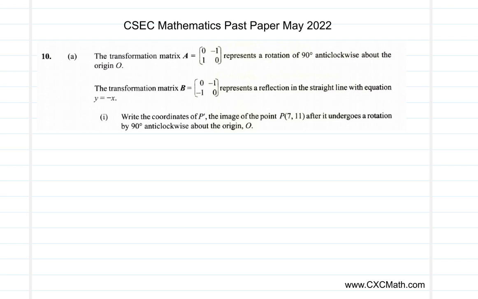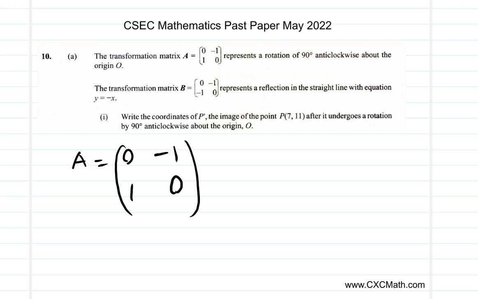But anyway, here the transformation matrix A is 0, negative 1, 1, 0, and it represents 90 degrees anti-clockwise about the origin. Let's not look at B yet.